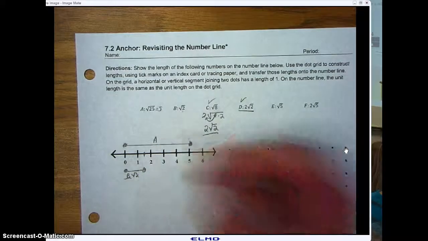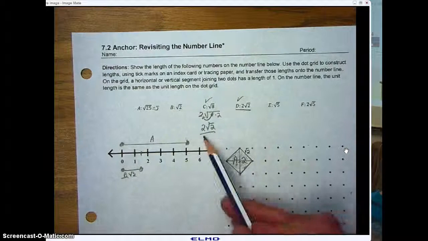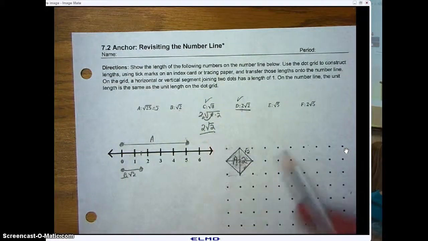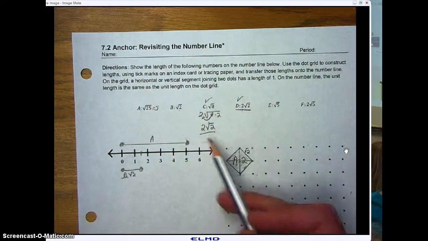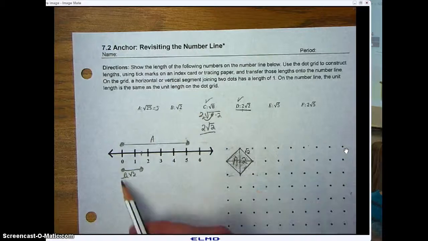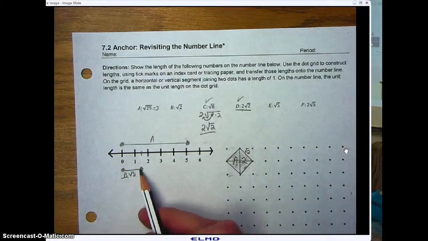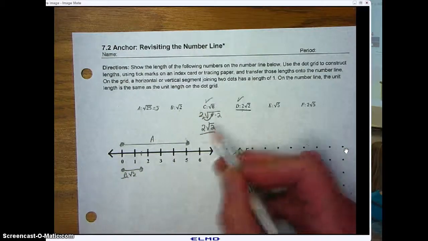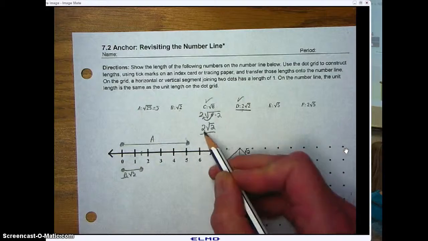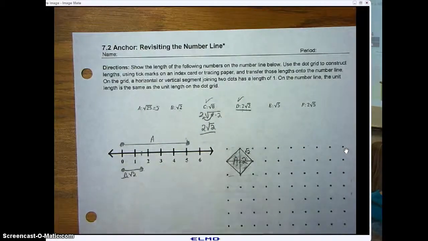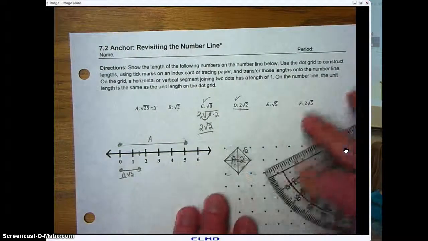Okay? Now, notice that C and D are the same. Now we could draw this, or we could actually be smart about this. If this little line segment is the square root of 2, what are these? Well, aren't they double that? So let's just look at it from a measurement perspective.